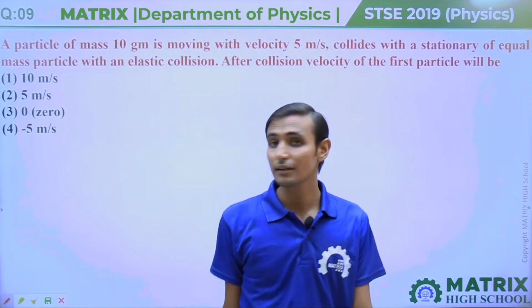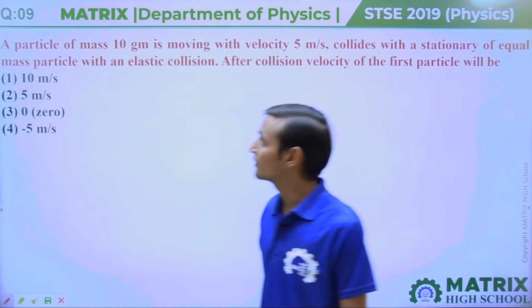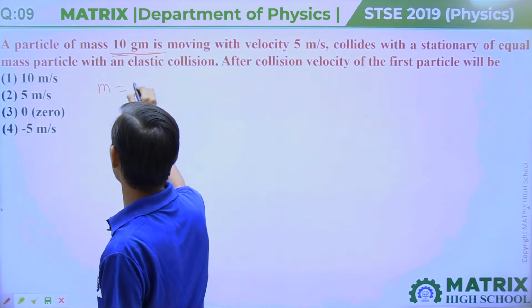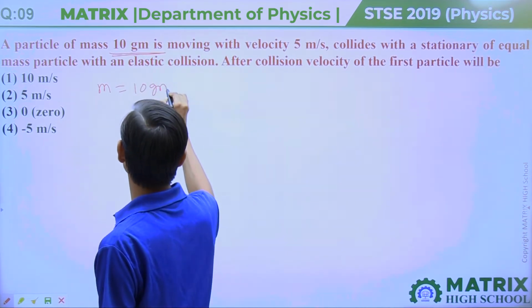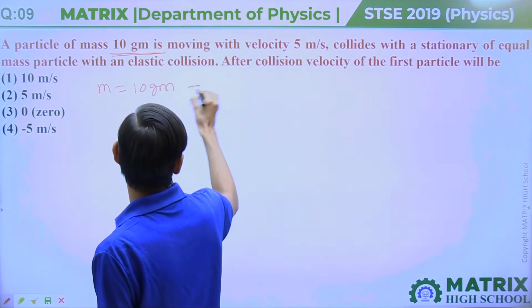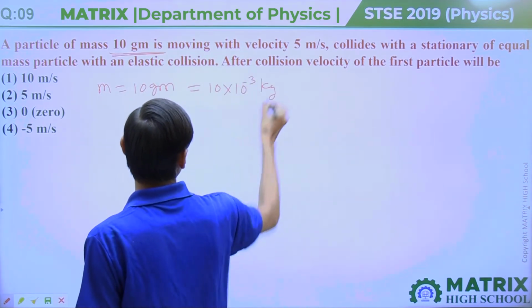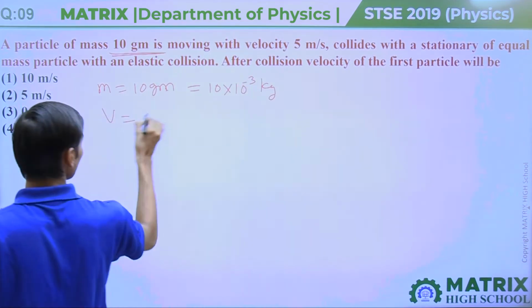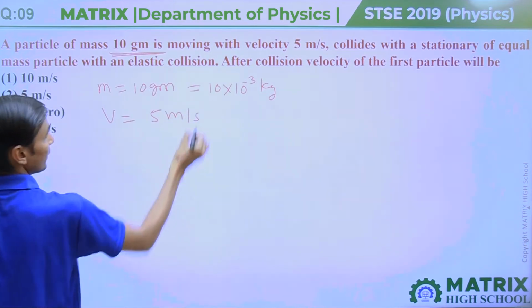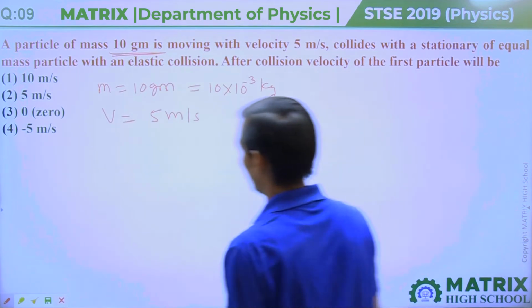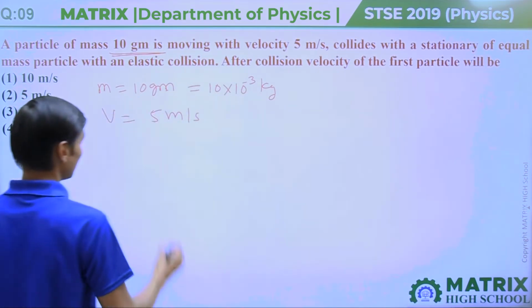Next, question number 9. A particle of mass 10 gram, that is 10 into 10 raised to power minus 3 kg, with velocity v equal to 5 meter per second, collides with a stationary particle of equal mass in an elastic collision.